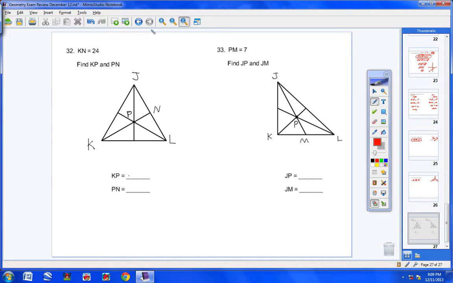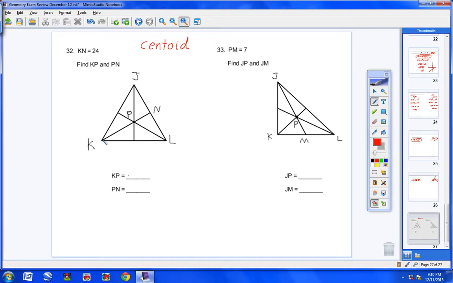And then last but not least, I want to review what the centroid of a triangle is, okay? Now here's the deal. Watch carefully. What I'm about ready to say, you do not need to know for the test, but just listen.